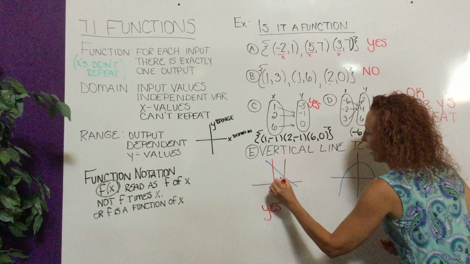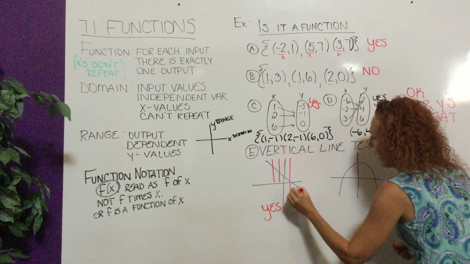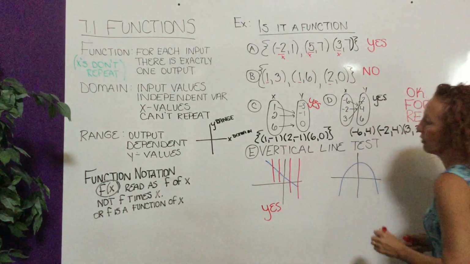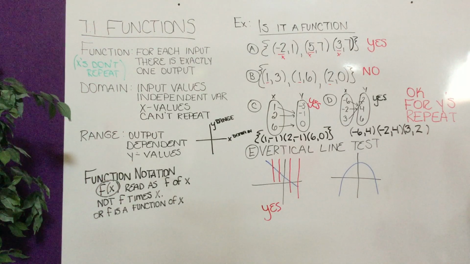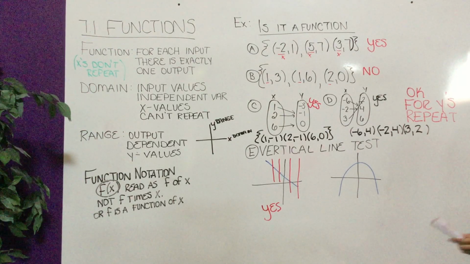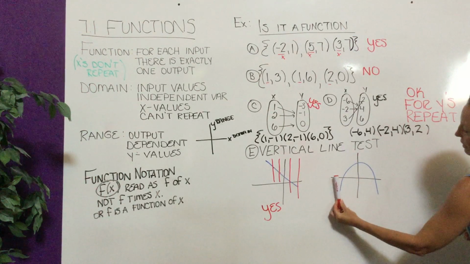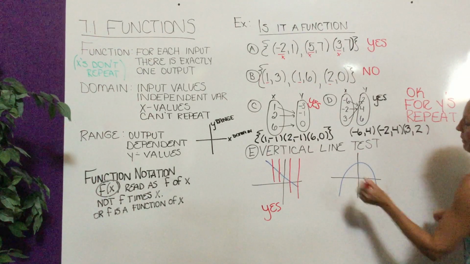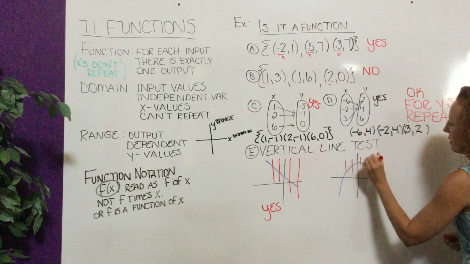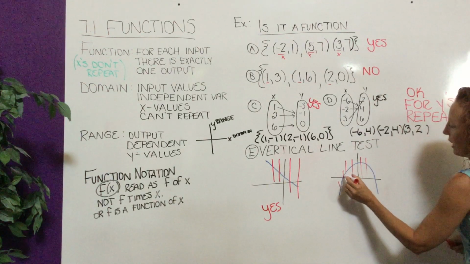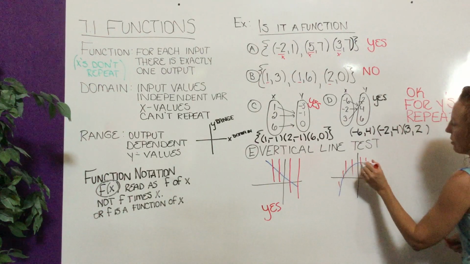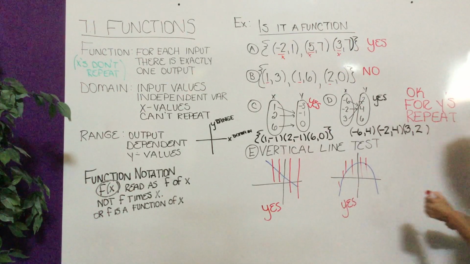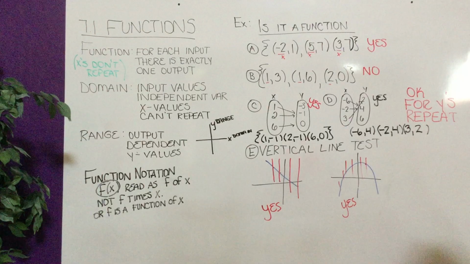If you think about the marks my pen is making, it's only ever intersecting with the blue line once. Let's hold this vertically again and run it along here. Again, these horizontal marks my pen is making only ever intersect one spot at a time. So here's an example of yes.